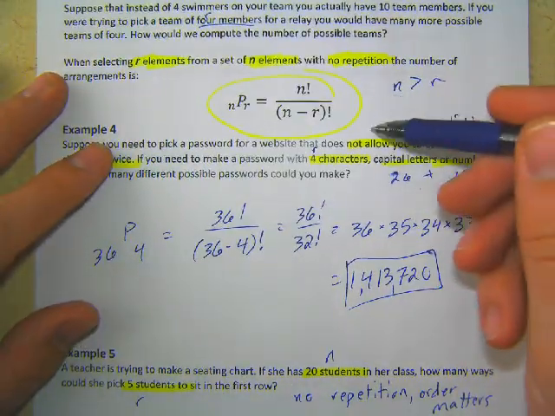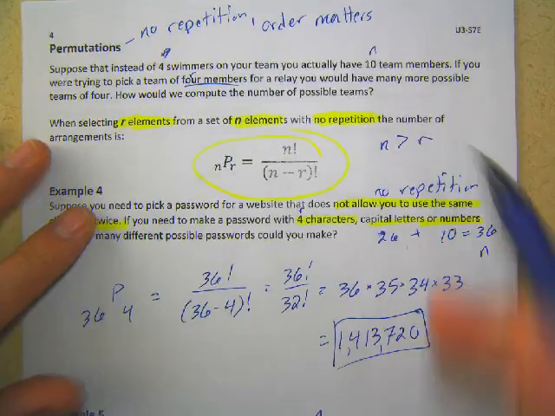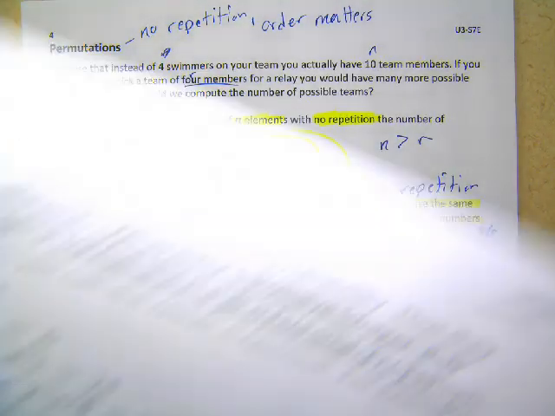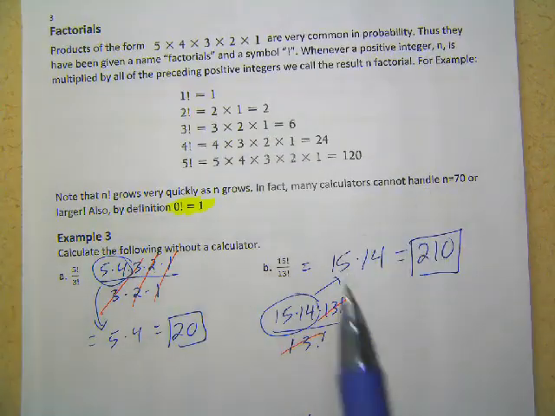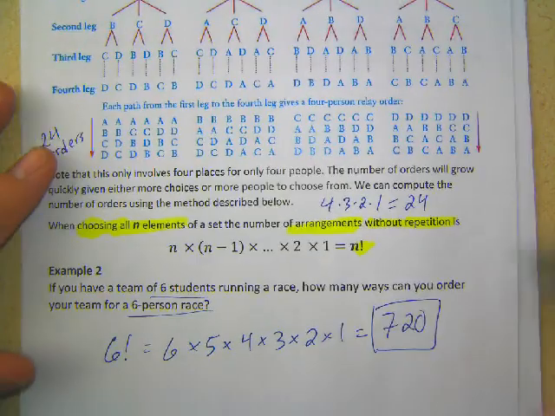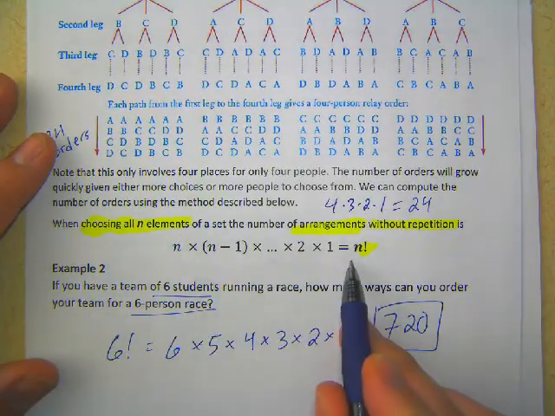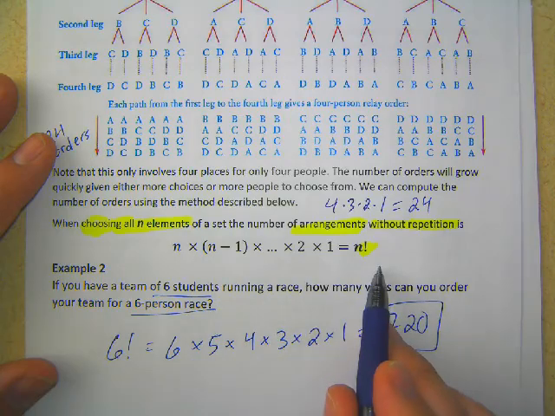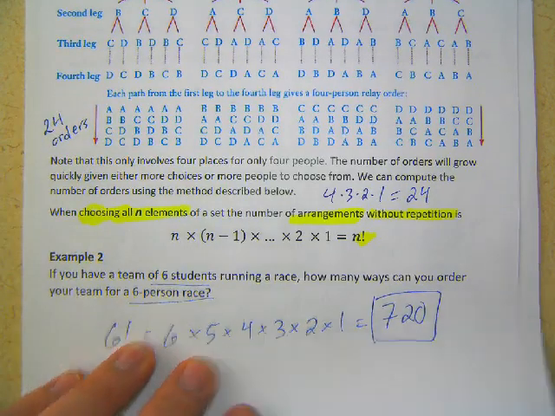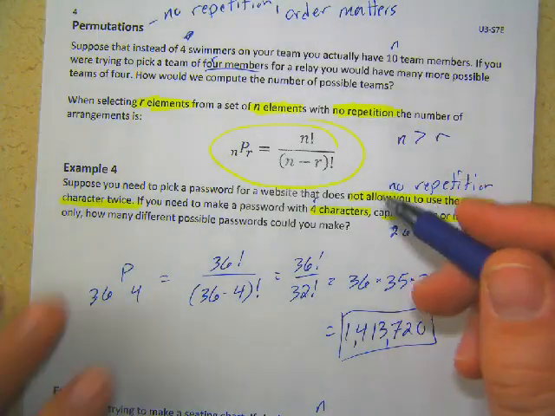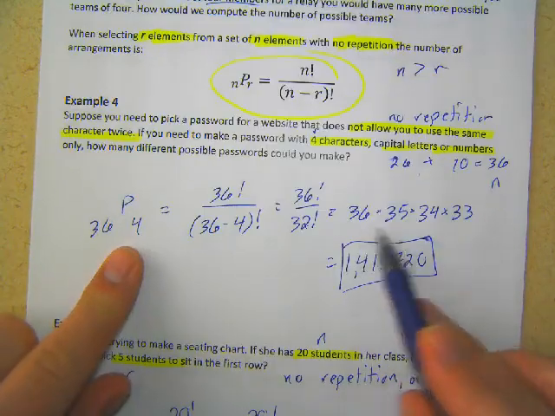Notice the big difference between this page where we do this permutation formula and the previous page: on the previous page, we were choosing all the elements. So that's why we just went all the way down to 1 every time, because we chose all the elements, we didn't stop. Here, basically the bottom number just tells you how many to count before you stop.